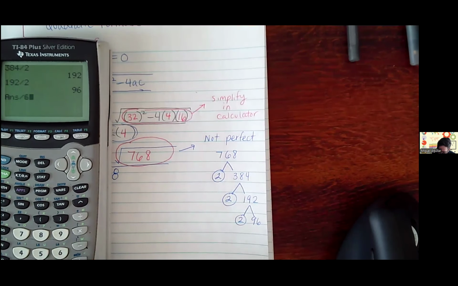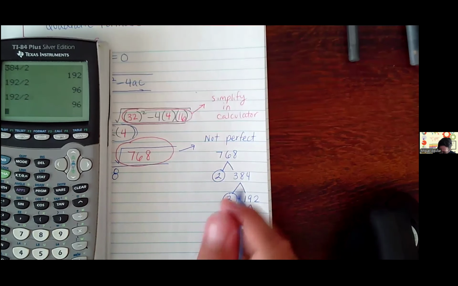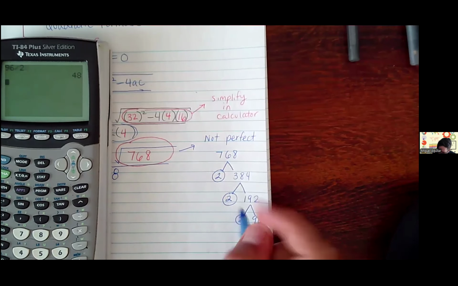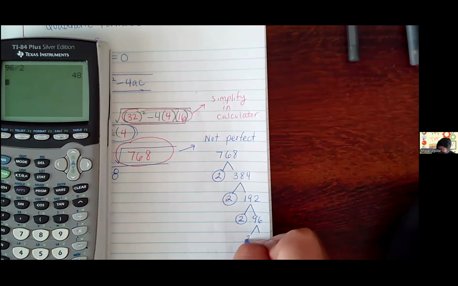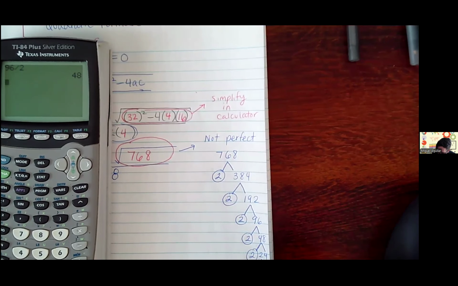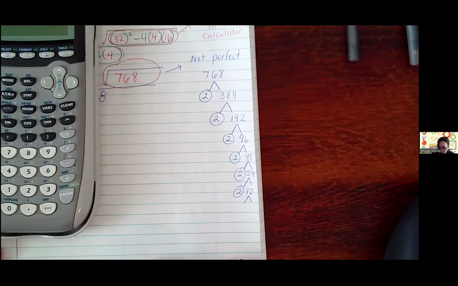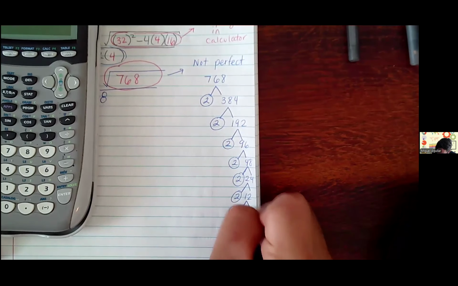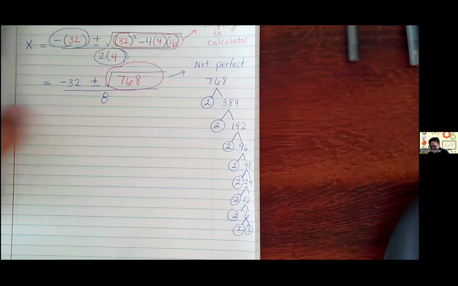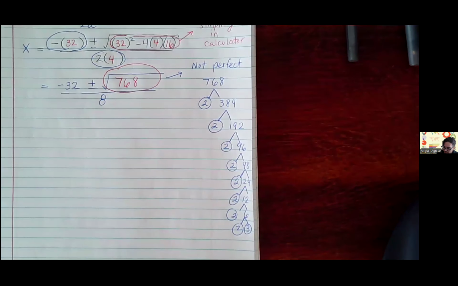We'll divide by 2 again, 96 divided by 2. So that's 2 times 48. This is going to be 2 times 24. 2 times 12. 2 times 6. And then finally we get 2 times 3. Good Lord, we have a lot of factors of 2 there. It's a very large number. Okay.